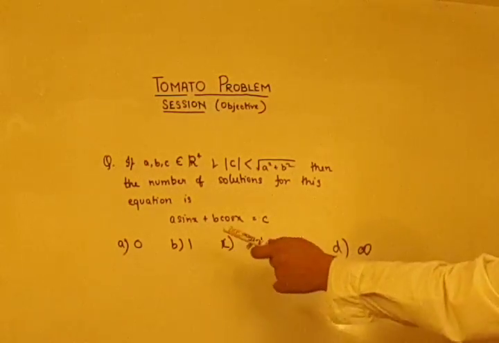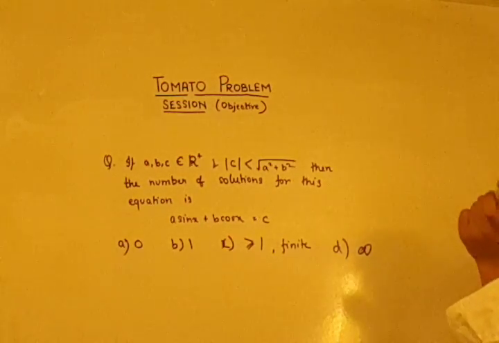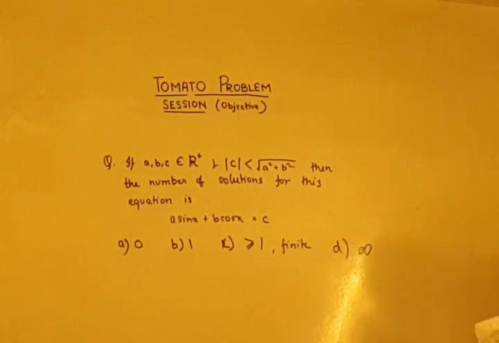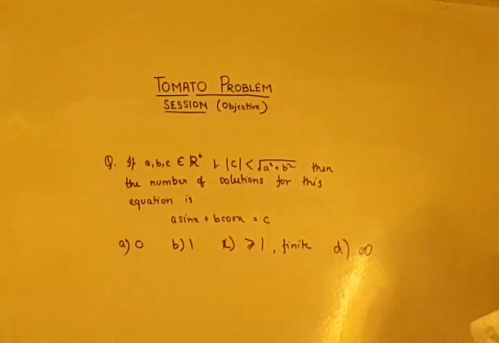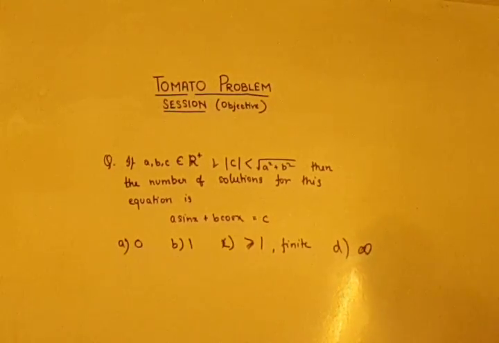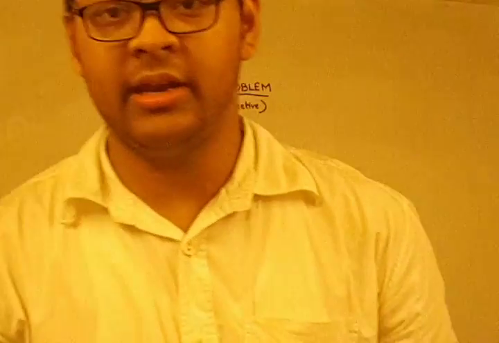So the equation is A sin x plus B cos x equals C, which is 0, 1, greater than or equal to 1 but finite solutions, or infinitely many solutions. So I give you some time to try and attempt this question.